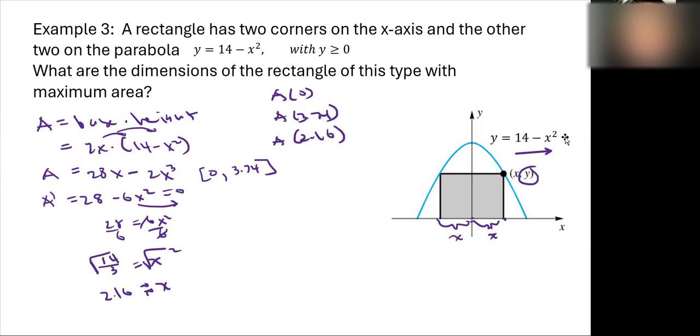Okay, let me rewrite that. That looks terrible. Okay. Area, A of 0, A of 2.16, and then A of 3.74.